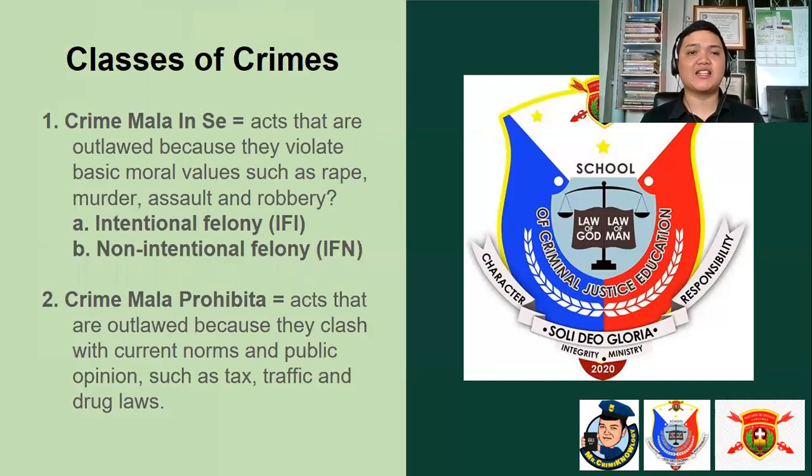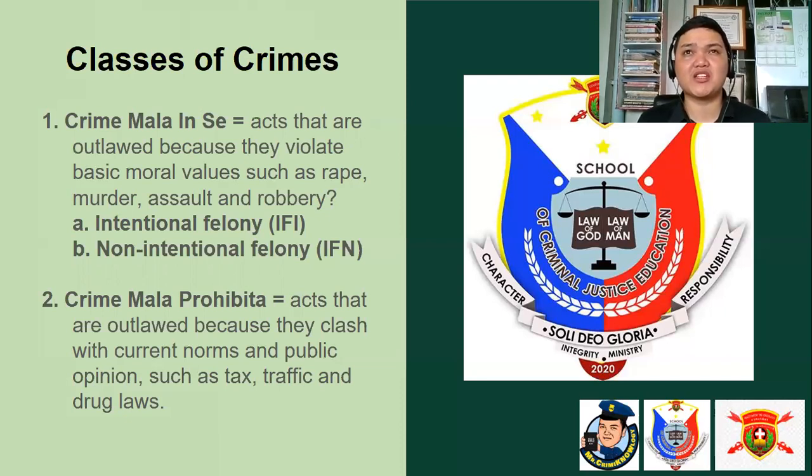Let's have the classes of crime. We have the word mala in se. Don't forget this. Acts that are outlawed because they violated basic moral values such as rape, murder, assault, and robbery. A, intentional felony, and B is non-intentional felony. So it is mala in se if your act is naturally evil.